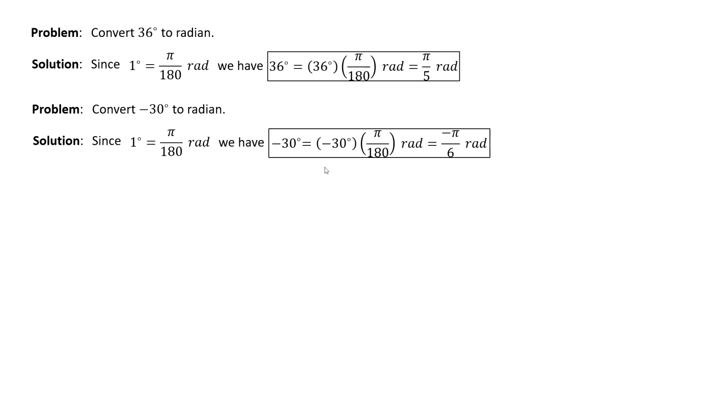In fact, speaking of which, 1 degree is equal to pi over 180. The degrees have to cancel.